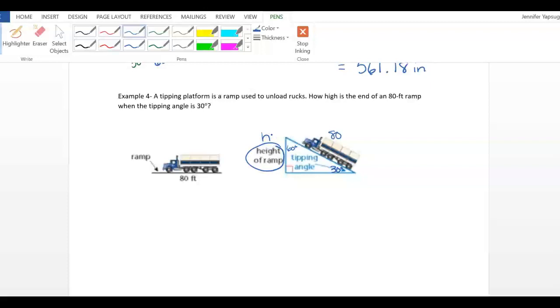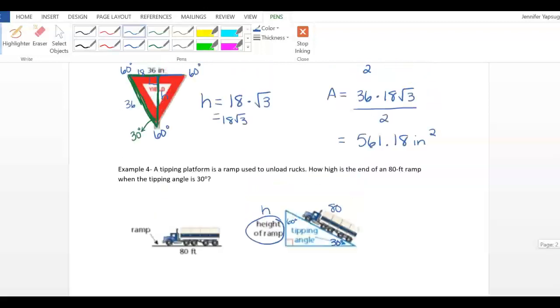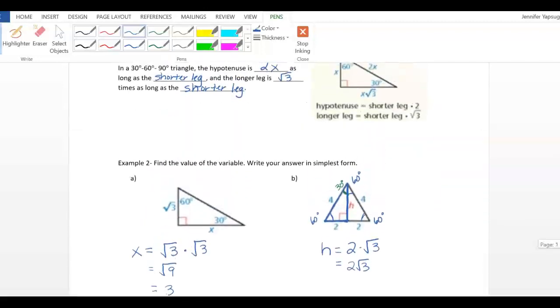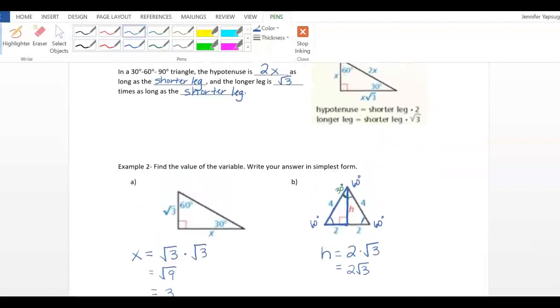So we can use our 30, 60, 90 degree theorem again. So if we recall that if I'm trying to find the shorter side, if I scroll back up to my definition here, I know the hypotenuse is equal to the shorter leg times 2.